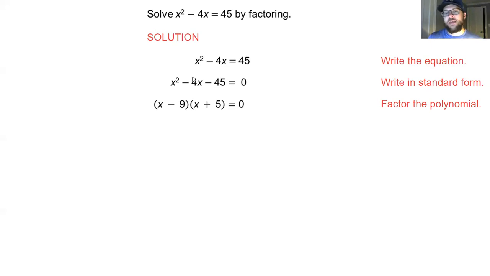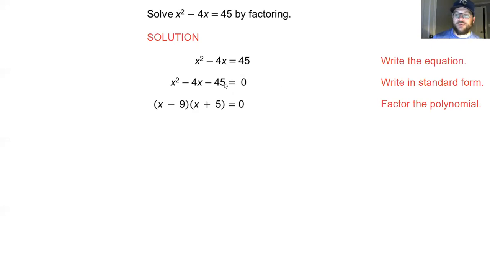So a lot of these are going to have to be kind of guessing and checking. I think in Algebra 1, you were introduced to how to factor quadratics. If you do need a little bit of review, I'm sure there are other videos out there. But again, your goal is to look at numbers that multiply to equal your C, but add to equal your B. So if it helps you, write out a T-chart of numbers that multiply to equal 45.